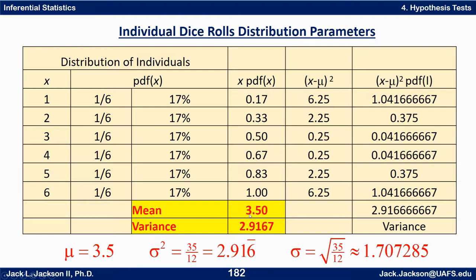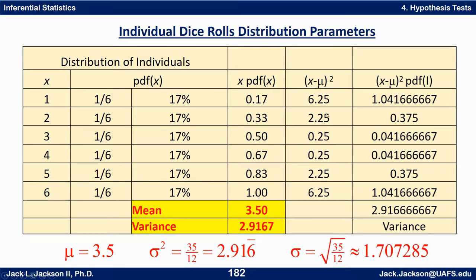And 6 minus 3.5 is 2.5, squared is 6.25. Multiply those by 1/6, and at least rounded off, you have these numbers here. Add those up, and that's the variance. Since these are all equally weighted, we could have found the mean by just adding up these 6 numbers and dividing by 6.